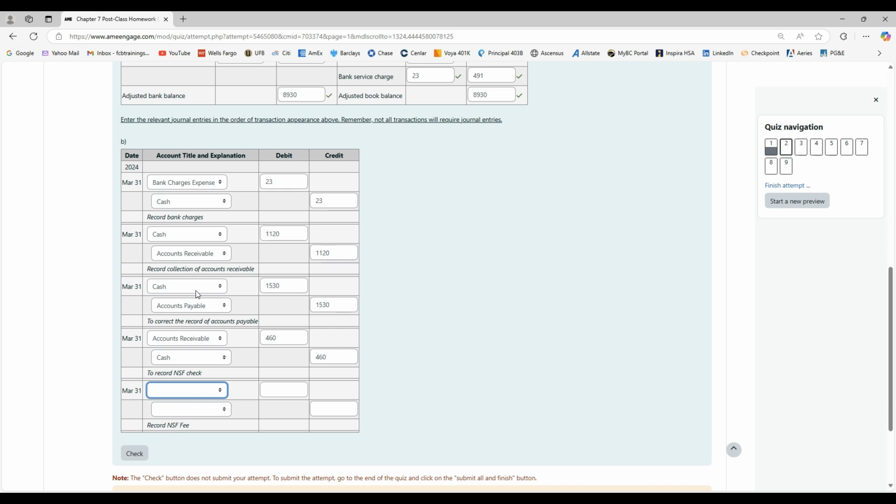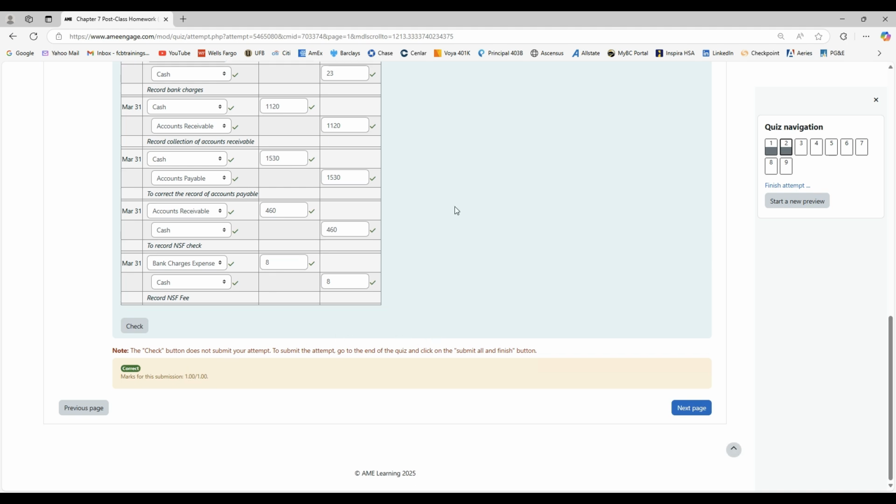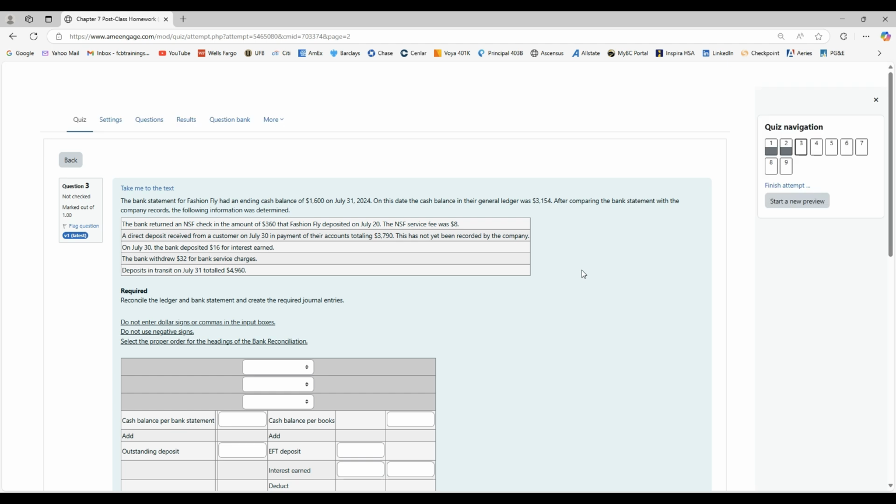And finally, the NSF fee, I think bank charges expense works there, I believe. There's not a separate NSF fee account, I don't believe, unless I'm just missing it, but let's try that one. Bank charges. Yep, 100%. So there we go. Our account is reconciled.